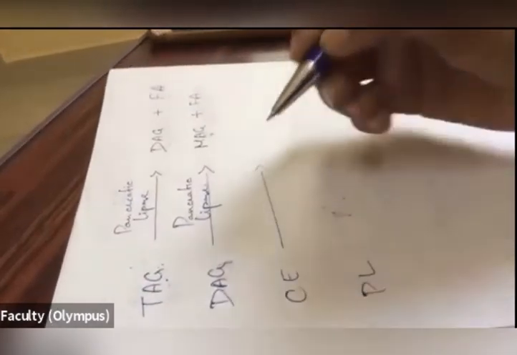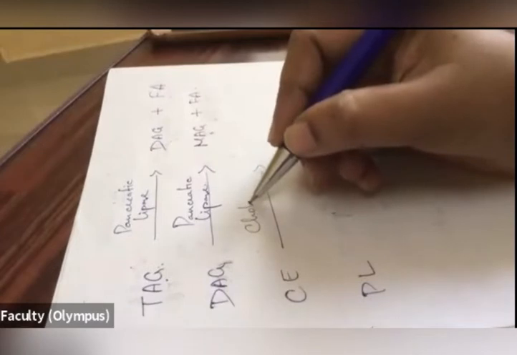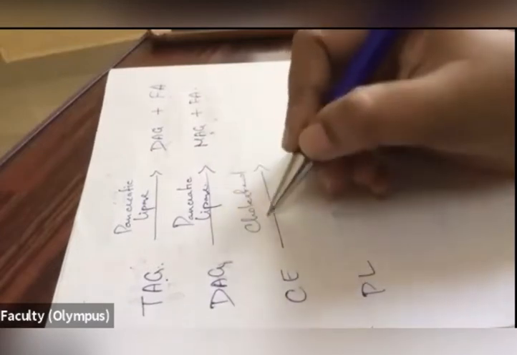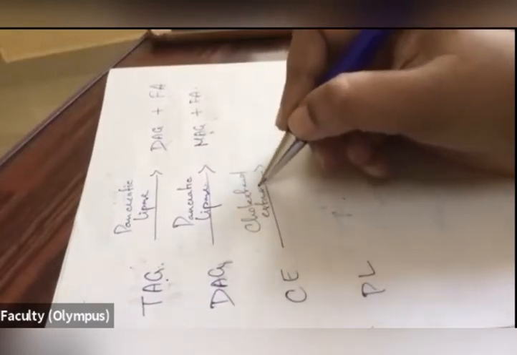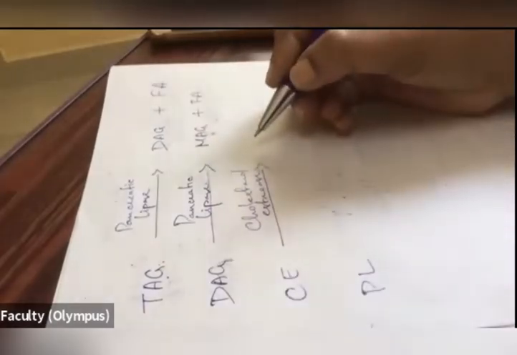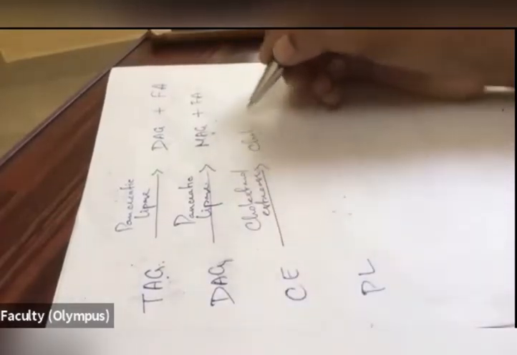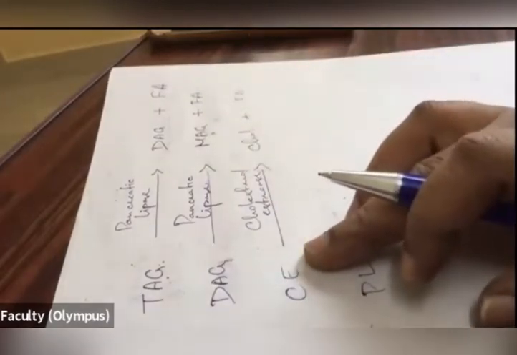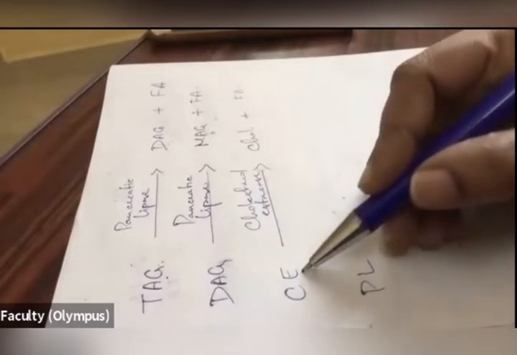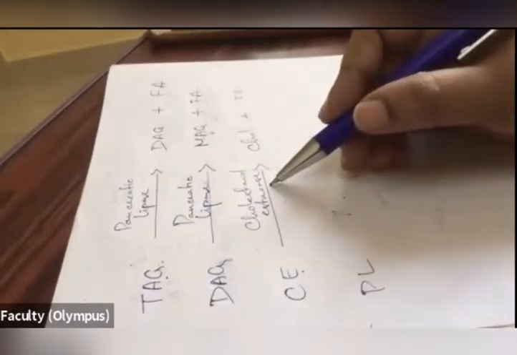Cholesterol ester is acted upon by the enzyme cholesterol esterase to form cholesterol plus fatty acid. Cholesterol ester is nothing but cholesterol with a fatty acid attached.